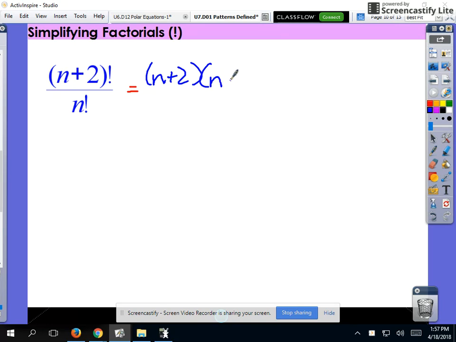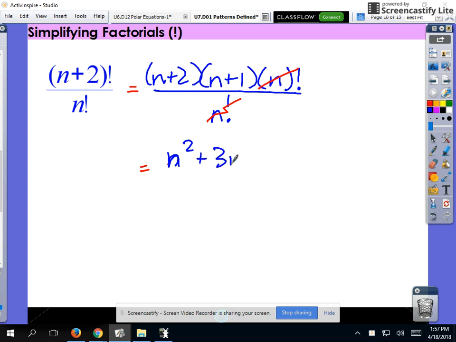So n plus 1, take away 1 again, I get n, and the rest of that is n factorial. And I have n factorial down below. I do not need to go any further because these will cancel. It's pretty wild. So my final answer is n squared plus 3n plus 2.